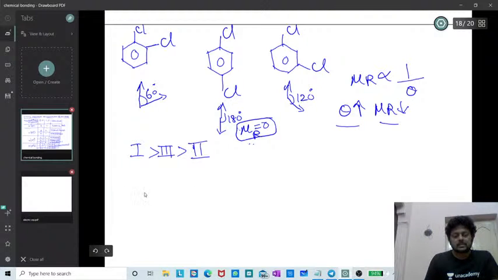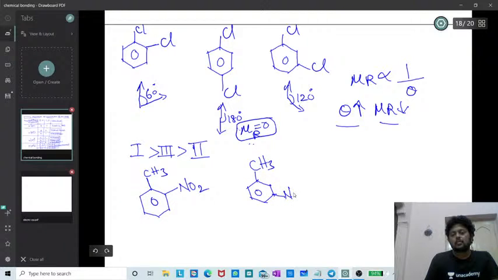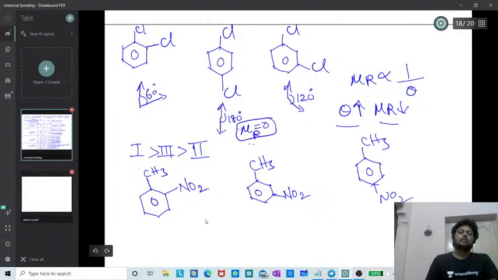For example, in the same way, if we take compounds like CH3 and NO2, CH3 NO2, and CH3 NO2, give the decreasing order of dipole moments.